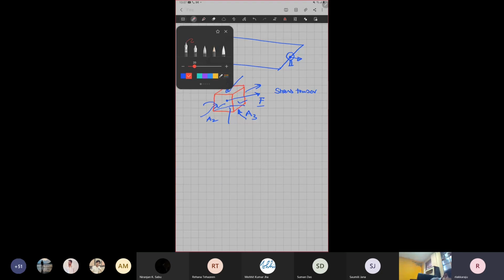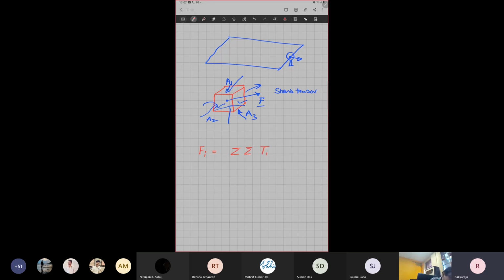So now if I am going to write F i is equal to summation T ij A j, where j is equal to 1, 2, 3, i is equal to 1, 2, 3.